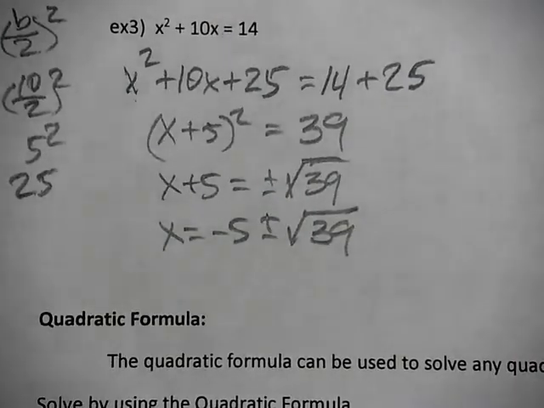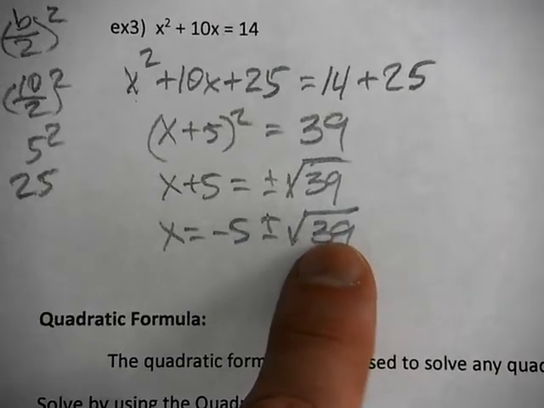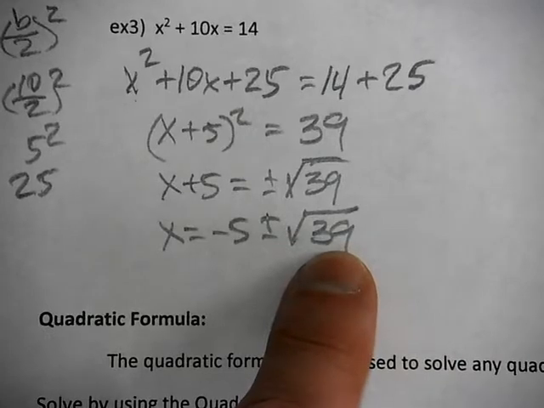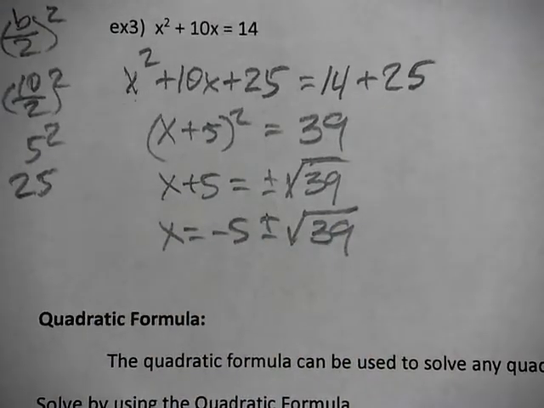And we subtract our 5 over. The square root of 39 cannot be broken down. So that's our solution. Notice how this has a radical in the answer. That's a big hint to you that you cannot factor it.